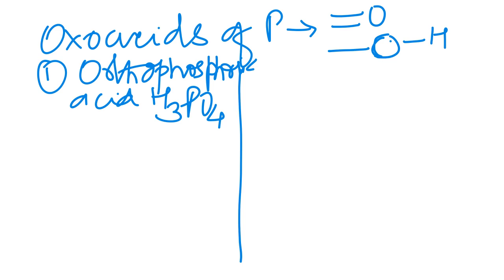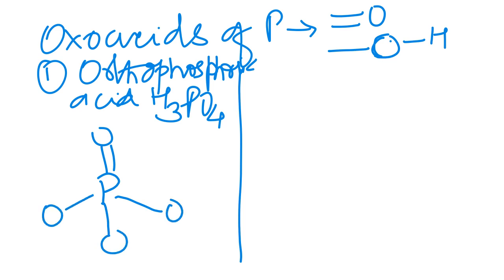So let us see this structure of H3PO4. This is the central atom. So first you have to make one double bond O. Then how many oxygens are left? 3 oxygens are left. Okay, so you can make one oxygen atom with single bond here, and 3 hydrogen atoms are also there, so it will form OH bonds.